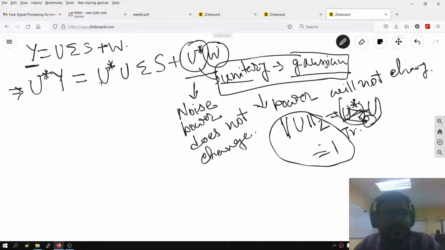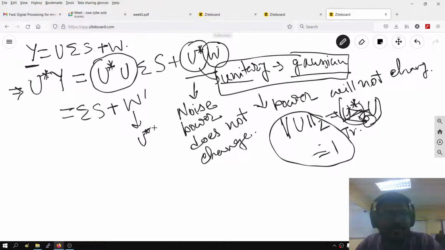But what advantage are we getting? The term U star U is also a unitary matrix, so it becomes epsilon S plus W tick, where W tick is equal to U star W.